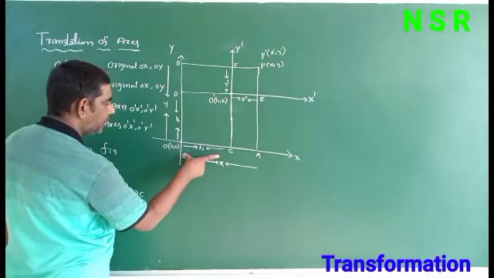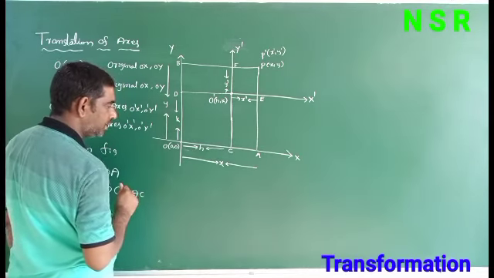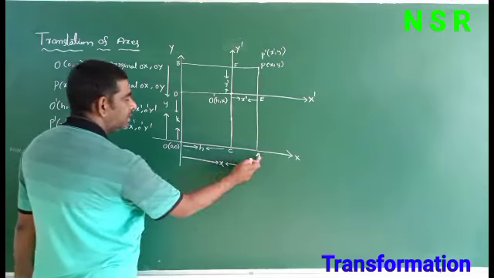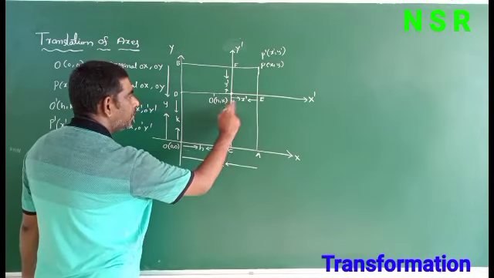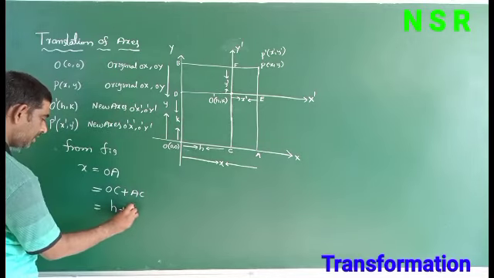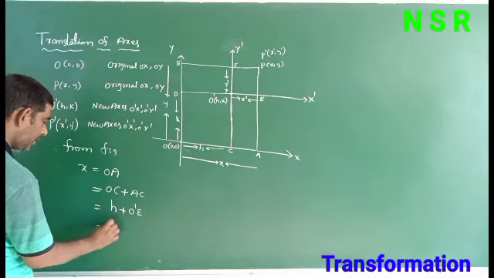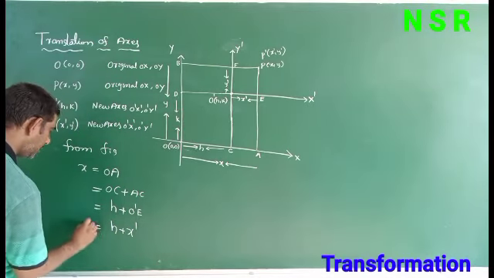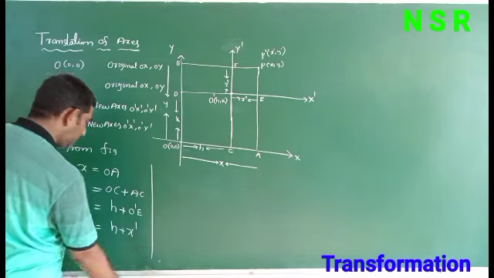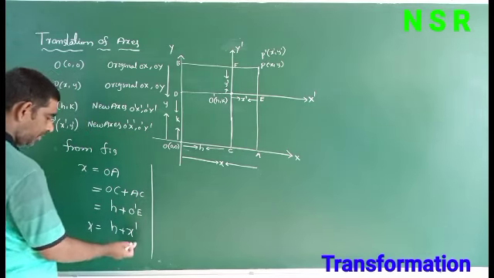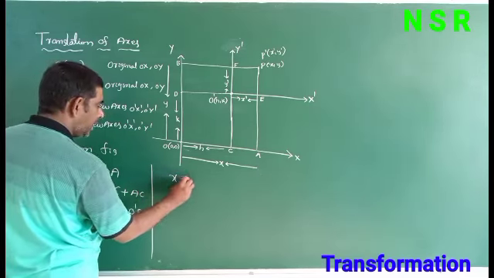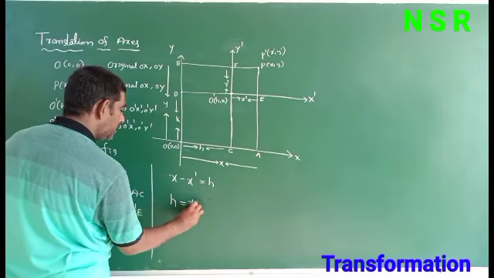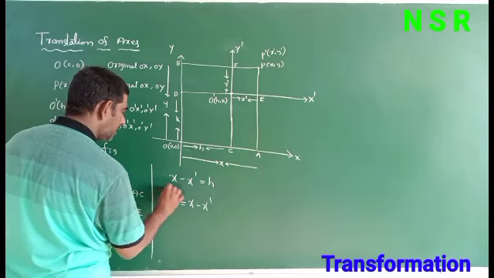So OC distance is h and AC distance is equal to O dash E, which is x dash. So now we get x is equal to h plus x dash. Now x dash moves this side, we get x minus x dash equal to h. So the h formula is x minus x dash.